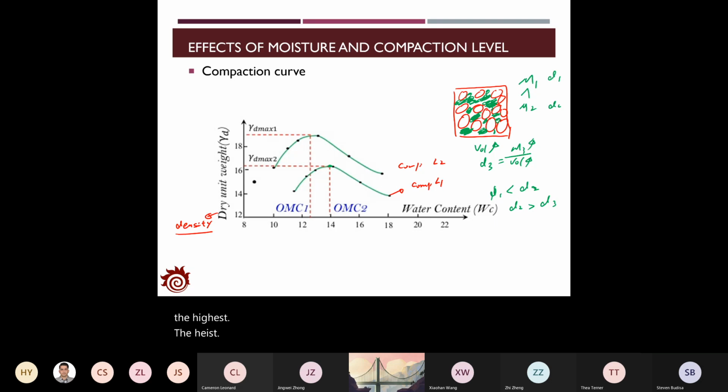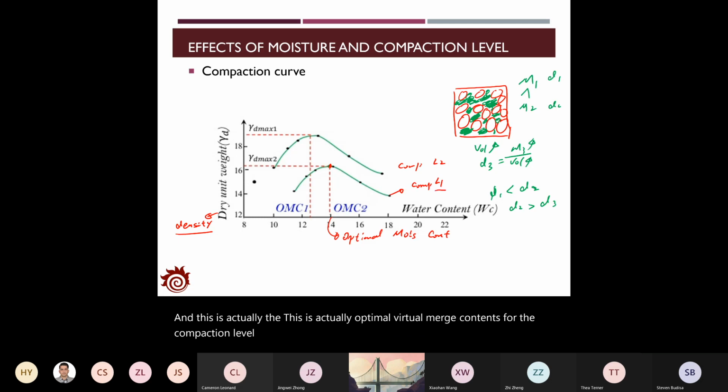So at the point where we observe the highest density or the dry unit weight, we will define this point with the highest density as the optimal moisture contents, and this is actually the optimal moisture contents for compaction level 1.